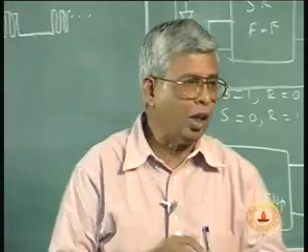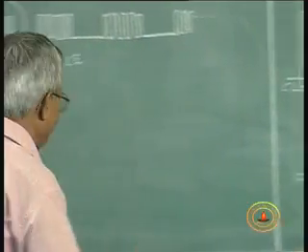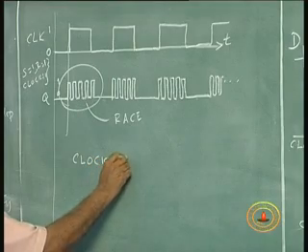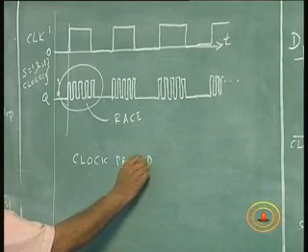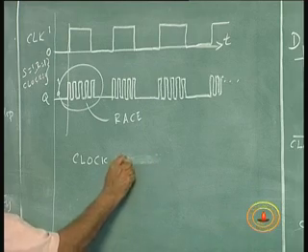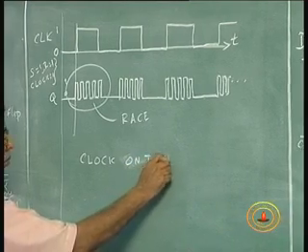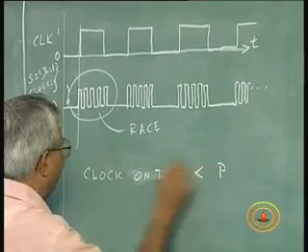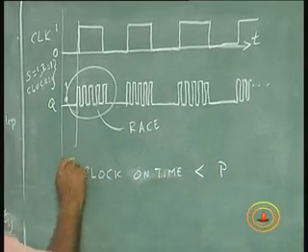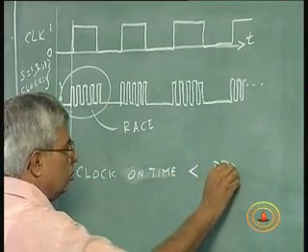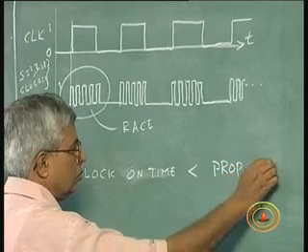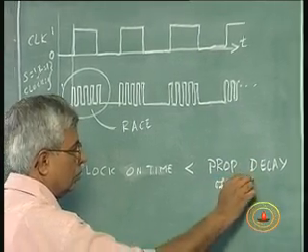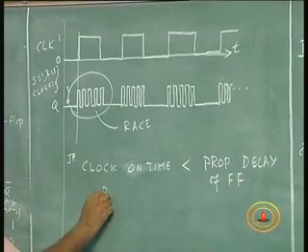So if I make the clock on time, not even the period, the clock on time less than the propagation delay, then racing can be avoided.